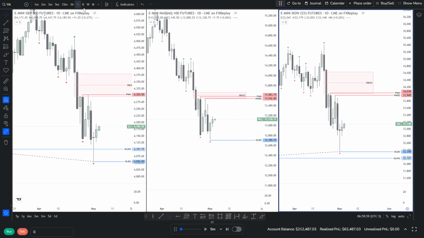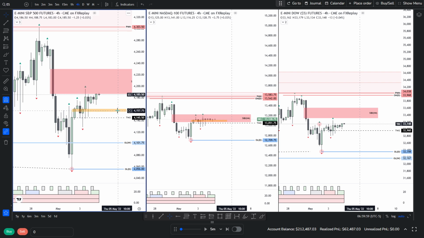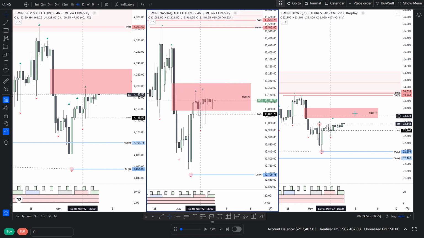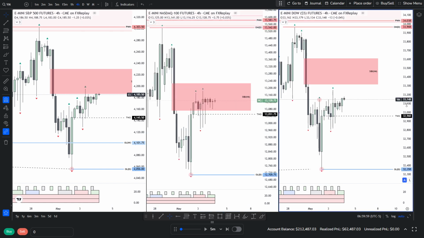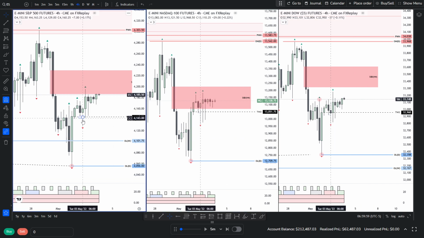daily time frame. So we're just going to go and update the H4. I want to take this out here. It's not required. Take that out. Right, so want to get our highlighter tool.